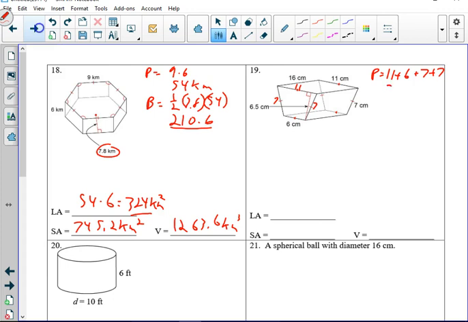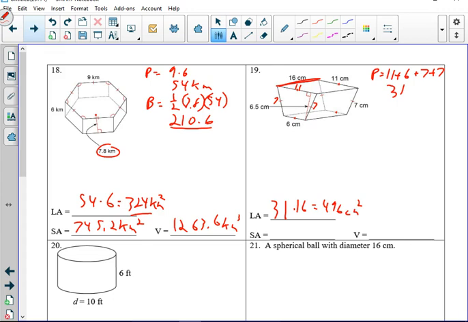So that makes 31. The lateral area is 31 times 16. But remember, 16, the height, is the length that connects the two bases, which is 496 square centimeters.